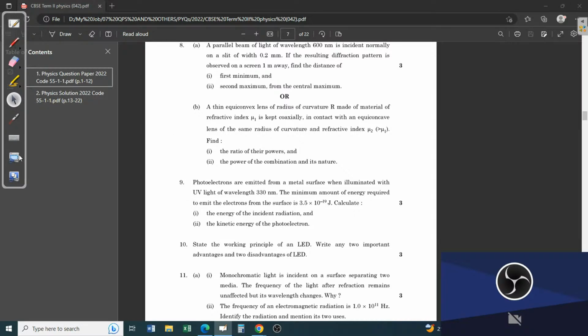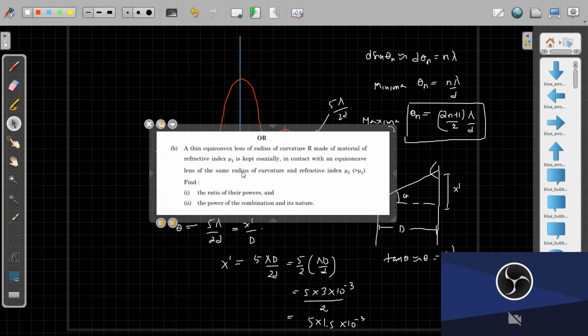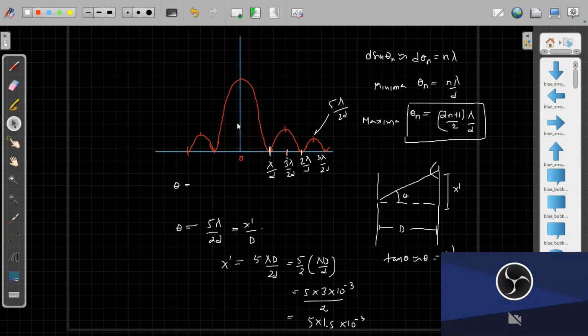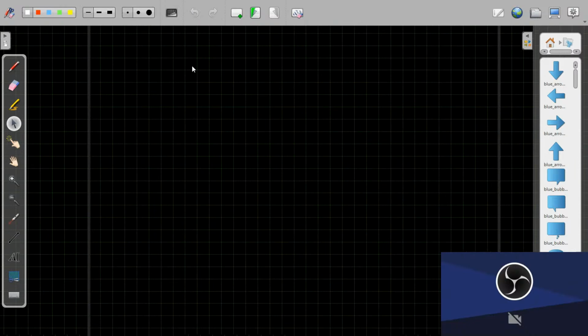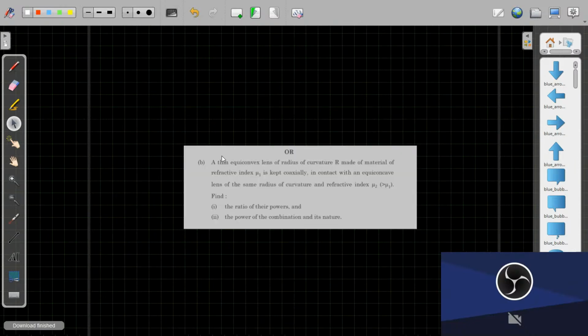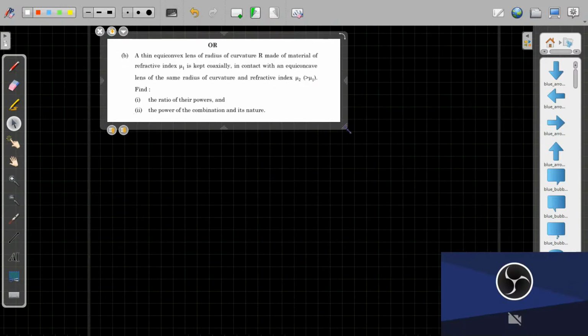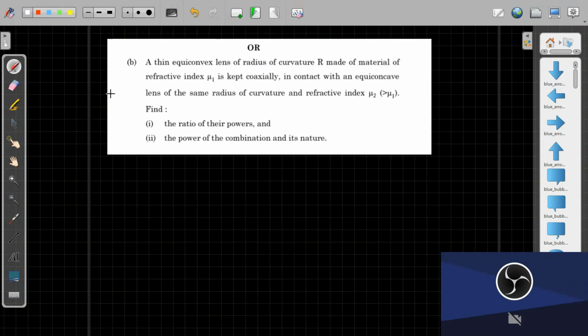Okay, let us see the next question. A thin equiconvex lens of radius of curvature R, made of material of refractive index mu1, is kept coaxially in contact with an equiconcave lens.